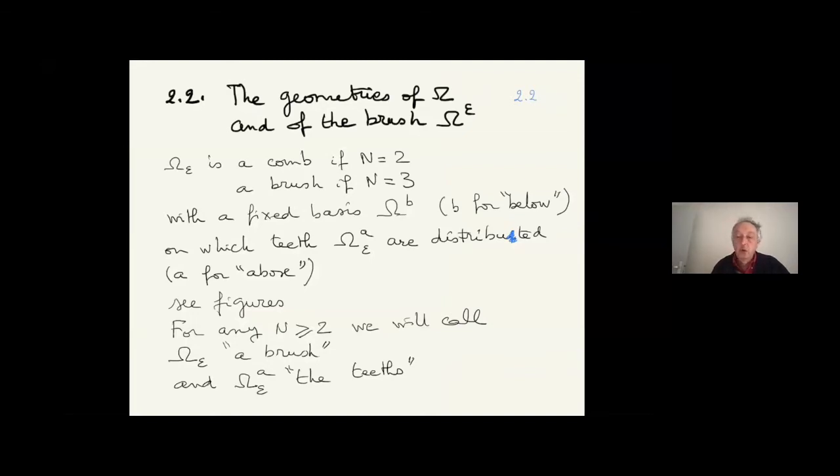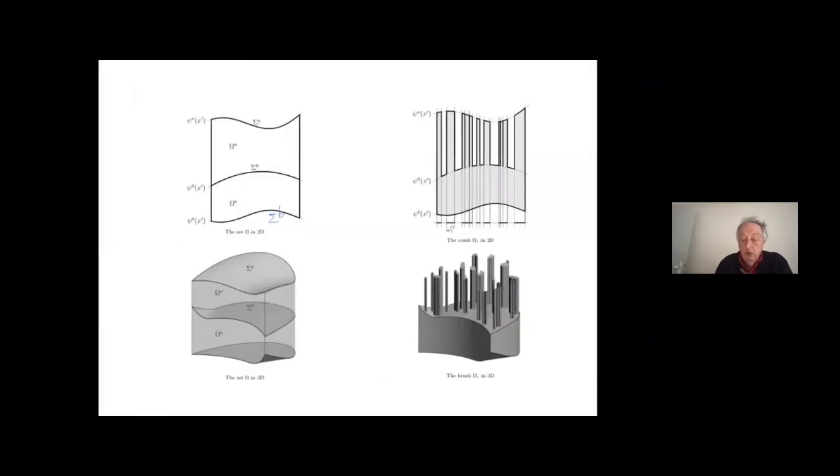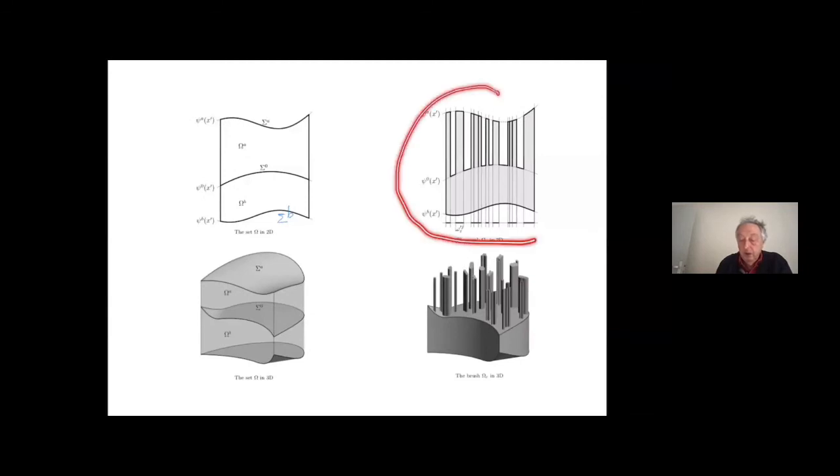I will describe that in all details. Okay, I will tell you that omega epsilon will be a comb if n is equal to 2, and a brush if n is equal to 3. I have no comb and I have no brush, so no problem. Okay, omega epsilon will be a comb, you have this example, or a brush, this example.